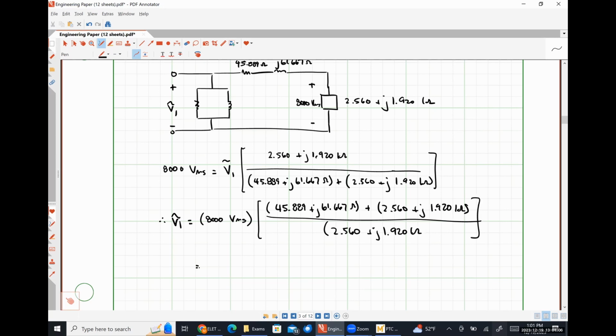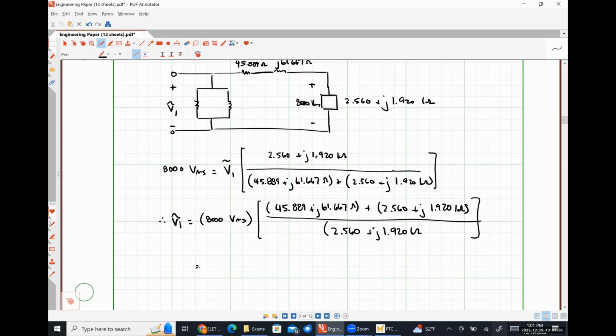So I'm going to throw this in my calculator. So let's see. Fraction answer plus 45.889 plus 61.667 over answer times 8,000.